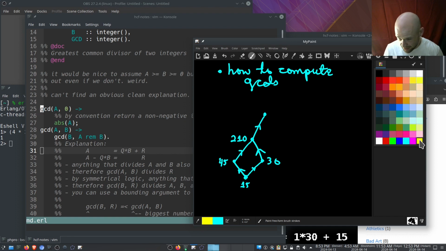Here, let me put the nodes in a different color. Okay, and then there's another one down here, which is the bottom node. And this is 1, because 1 divides every integer, and every integer divides 0. What does it mean for A to divide B?